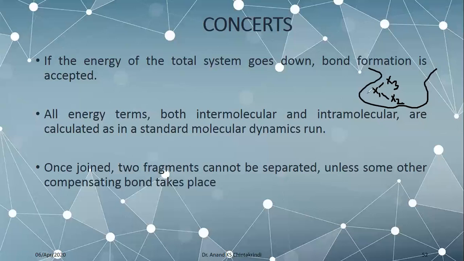and what happens is the total energy of the system is now going further down. Now if you want to check whether this is due to x1 being joined to x2 or x1 being joined to x3, it will disconnect this. So this is what happens when some other compensating bond takes place. So if the x1 x3 energy is less than x1 x2, this will be retained, and which is further less than x1, x2, x3.